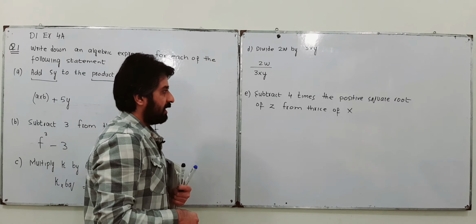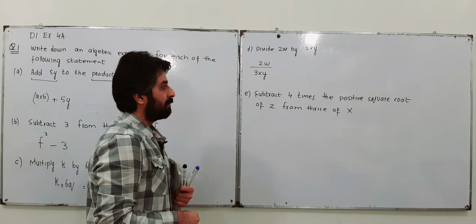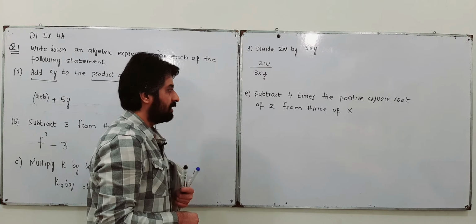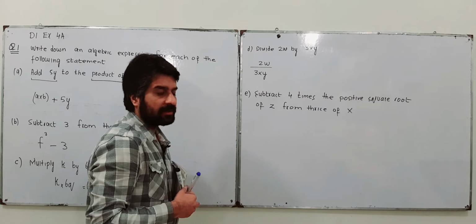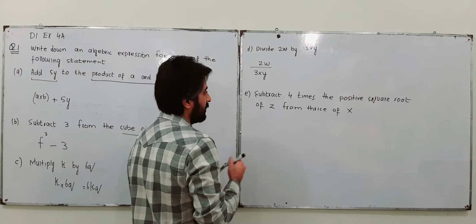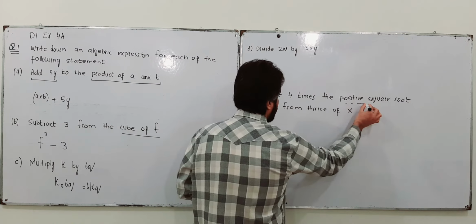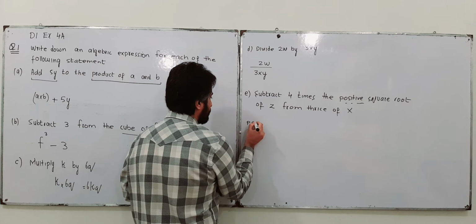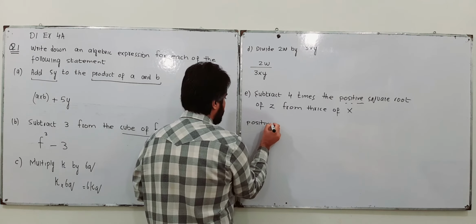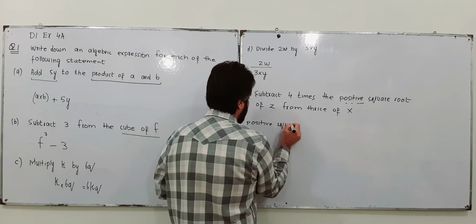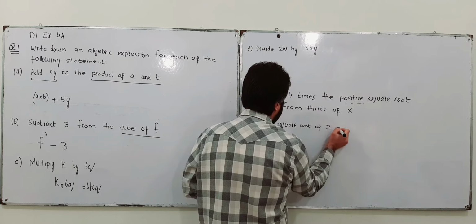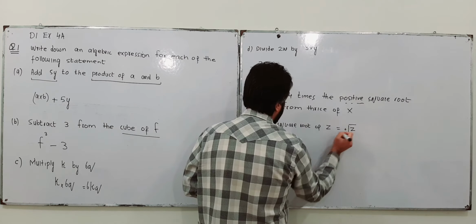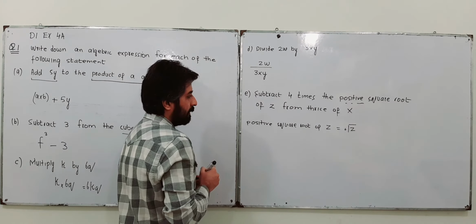So first of all find the positive square root of z, that is this positive square root of z.